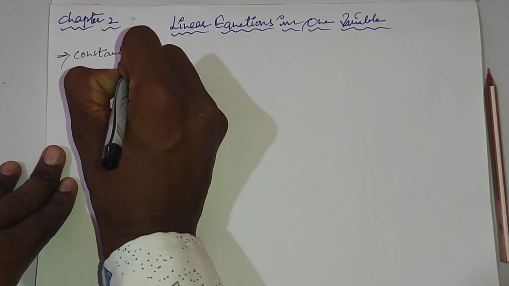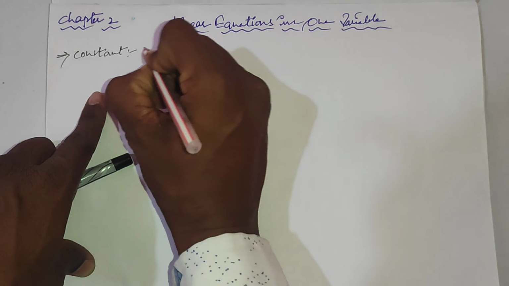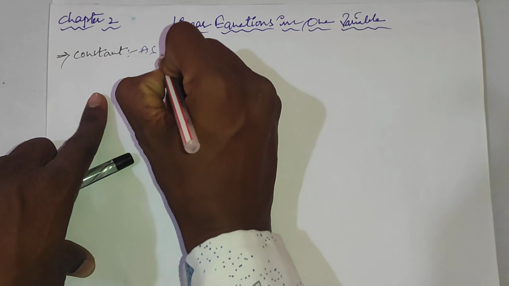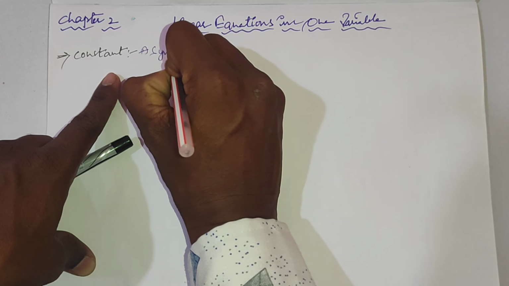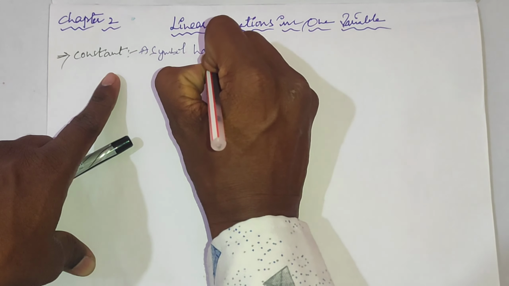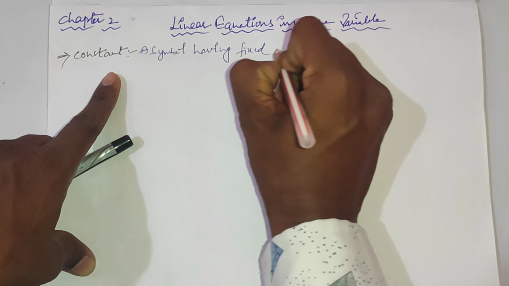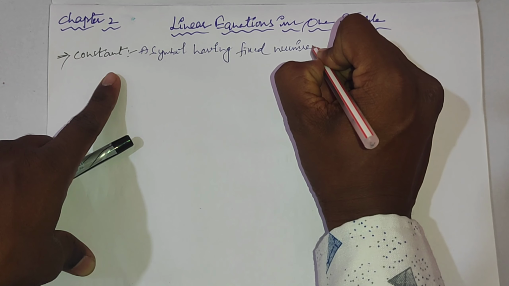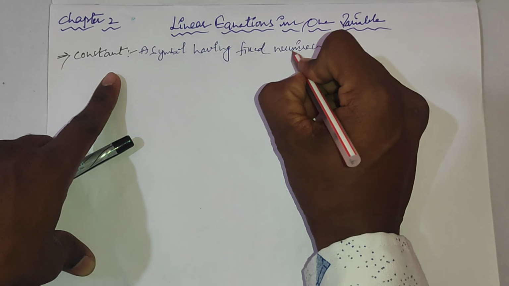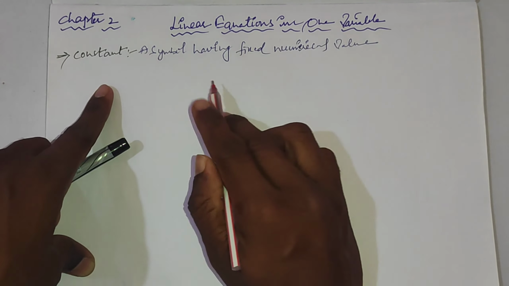What is the meaning of constant? We'll see the definition first. A symbol having a fixed numerical value is called a constant.